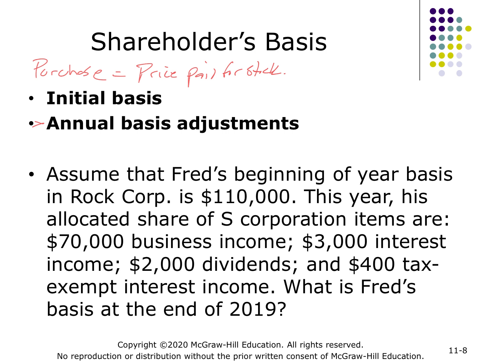All right, so let's look at Fred, okay, and we're given his beginning of the year basis, okay, and he's got these allocated items, okay, so he gets $70,000 of business income, $3,000 of interest income, $2,000 of dividend, and $400 of tax-exempt interest income. What's his basis at the end of the year?